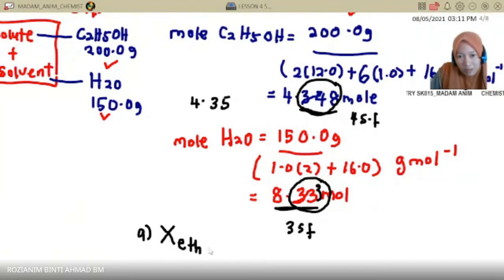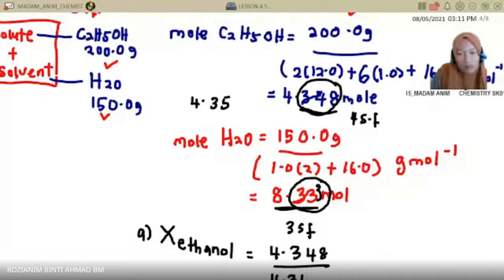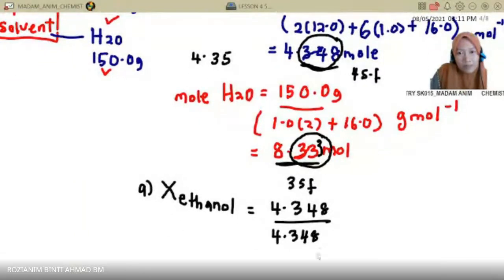Okay. Mole fraction etanol equal to, sebabkan kita nak cari etanol, mole etanol kena duduk atas. So, 4.348 over 4.348 plus mole for water, 8.333. Okay, tolong saya kira.